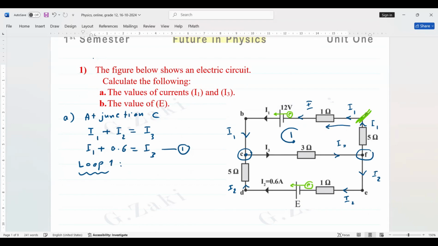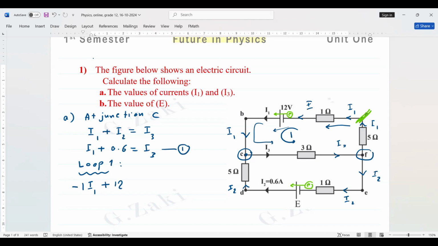The current is I1, and the resistor is 1. So it's negative 1 I1. Here, the direction of the loop is the same direction as electron flow. So it's plus 12. And then nothing here. And then I go in this loop.